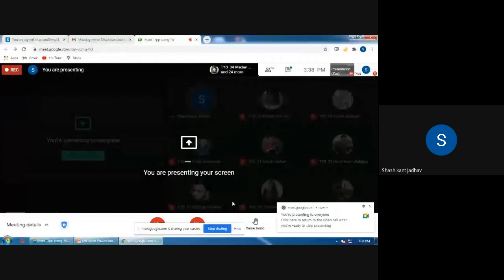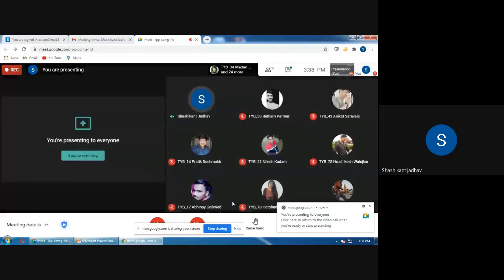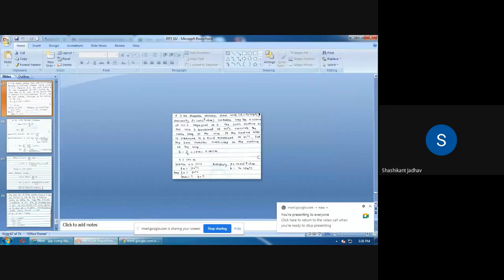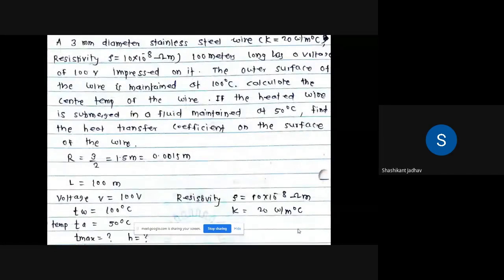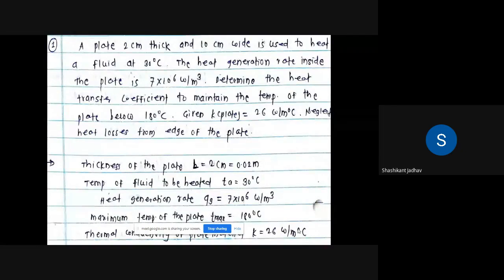After that, we have completed one problem related to this. Now we have to consider the second problem. So all of you write down the second problem. Already we have completed the first problem, which is related to the plane wall with some internal heat generation, and T max is given.